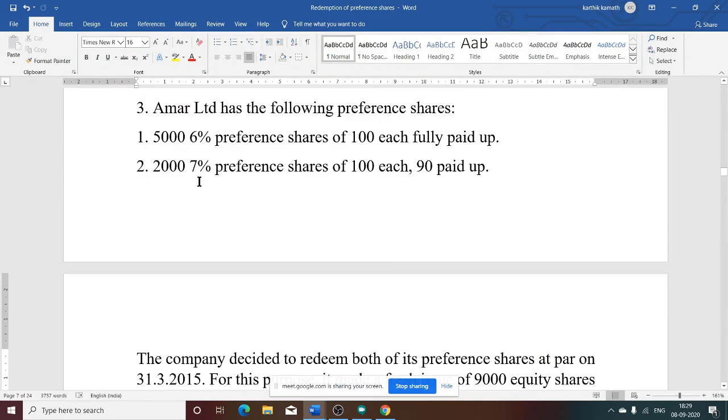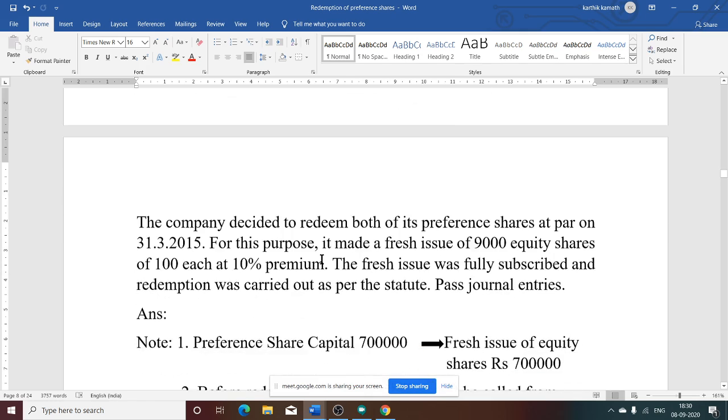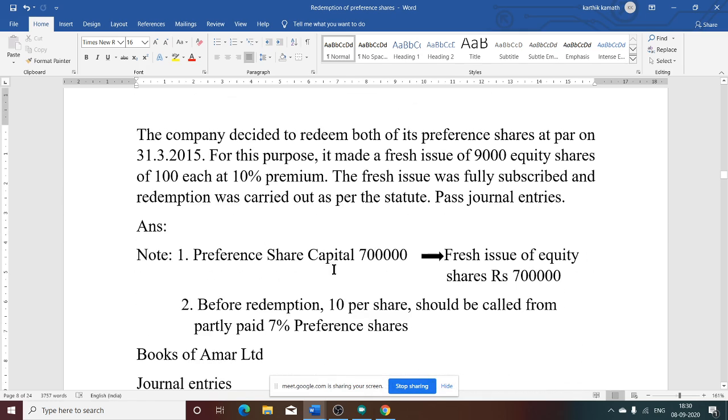So 5 lakh plus 2 lakh is 7 lakh. Why 7 lakh? The company decided to redeem both the preference shares, both meaning 5,000 plus 2,000 shares of 100 each. So 7 lakh is the preference share capital.